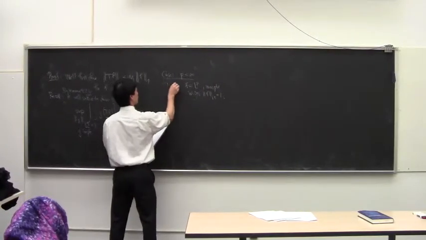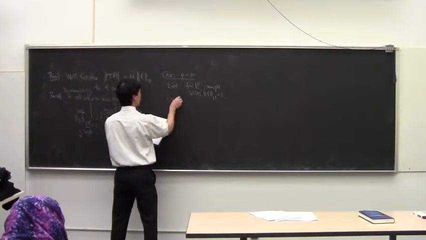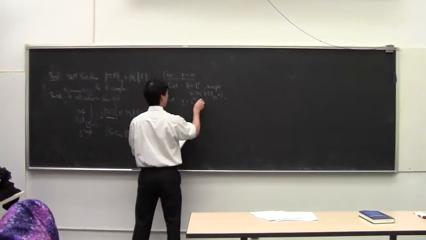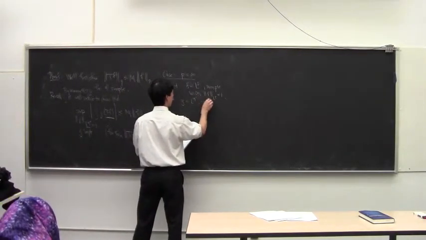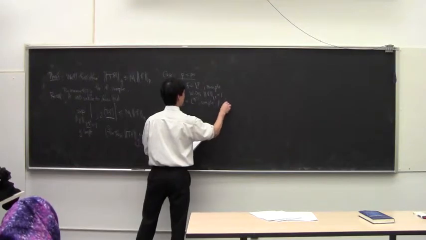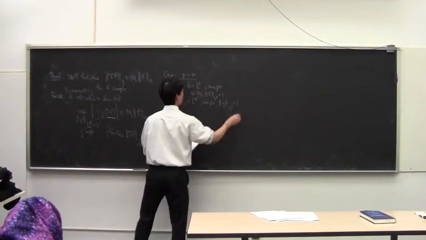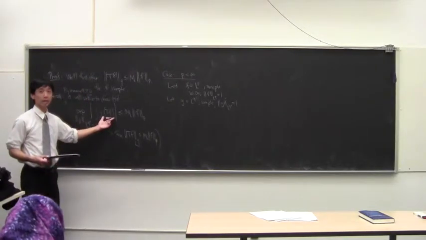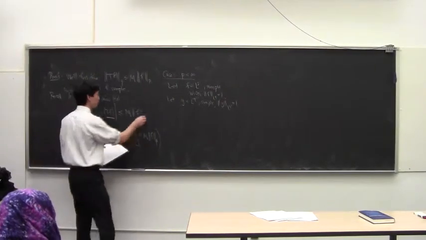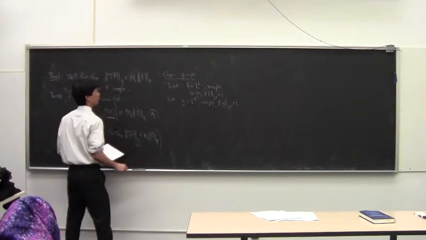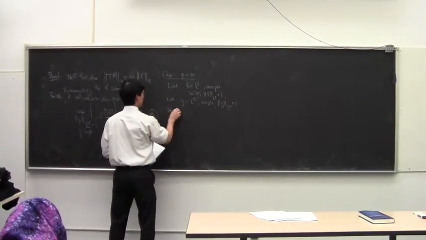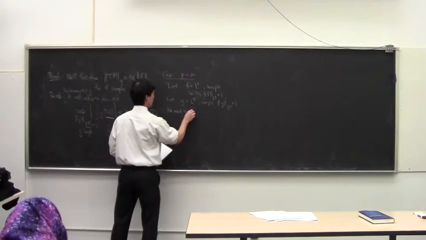And also let G be in LQ prime, simple and of norm 1. And we're going to try to get this bound. We want to show star.